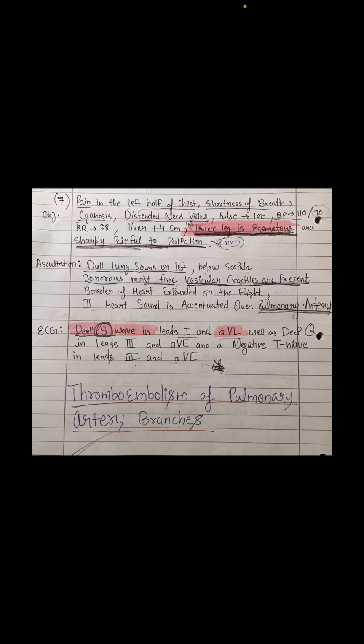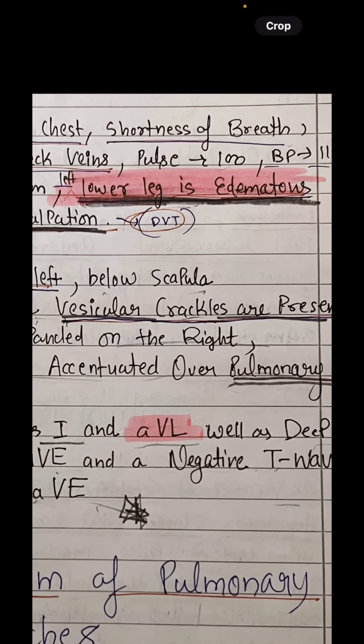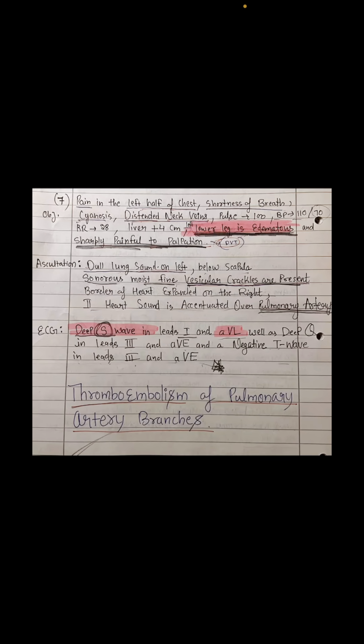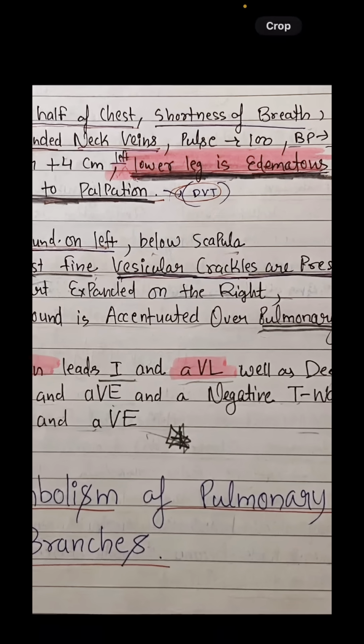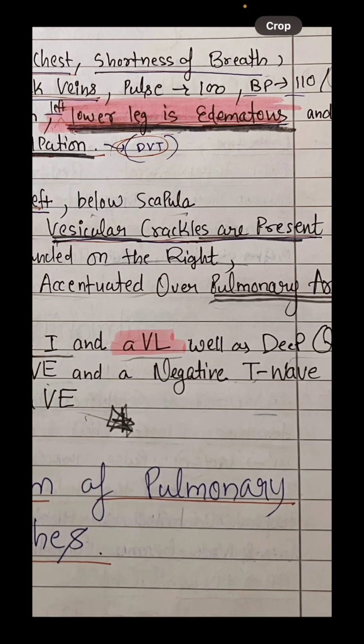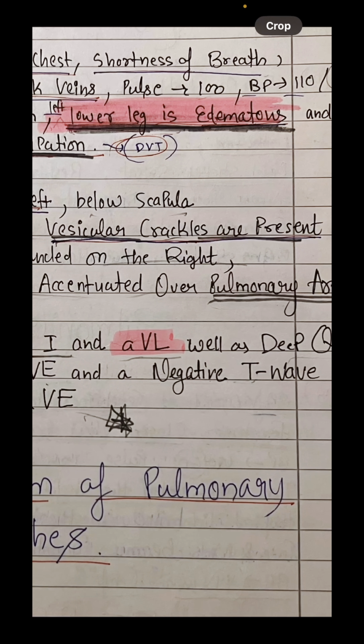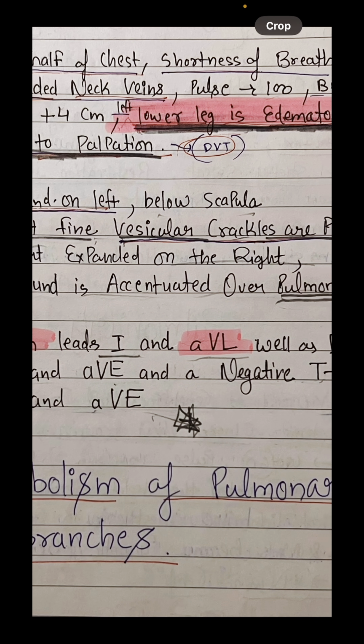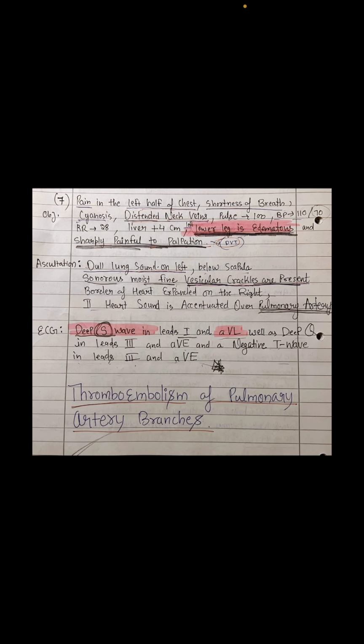The main thing to see in the question, which we have seen already, is that the lower leg is edematous. The main thing which I marked incorrectly before was that when it says the lower leg is edematous, we are supposed to understand that it's a case of DVT. That is what the question wants to highlight.